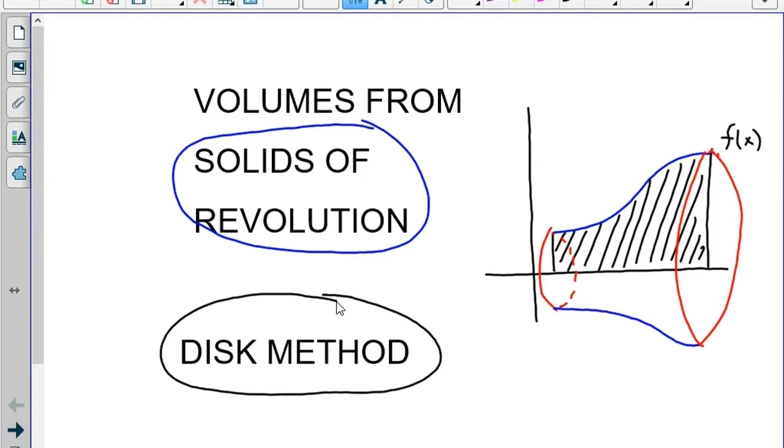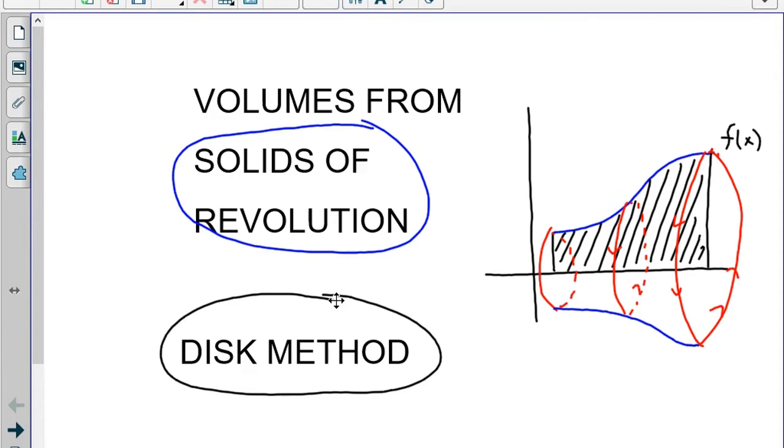It should look something like a vase when we're all done. Obviously, this is not the greatest drawing in the world, but you kind of get the idea. You take this curve, you sweep it around 360 degrees. It does not really matter whether you go counterclockwise or clockwise because you'll end up with the same resulting figure.